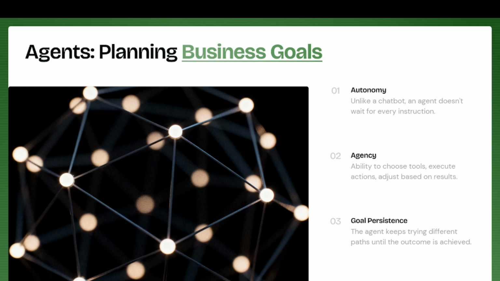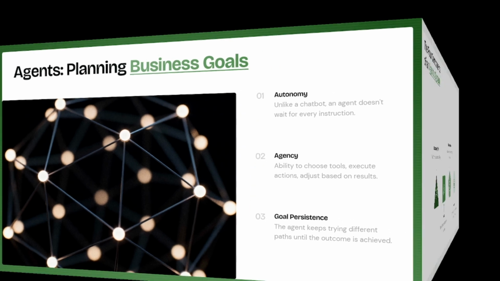And most agents use what we call loop engineering now, where the agent continuously reasons until it comes out with the best possible result that it can. So this can also be used to design agents for planning business goals.